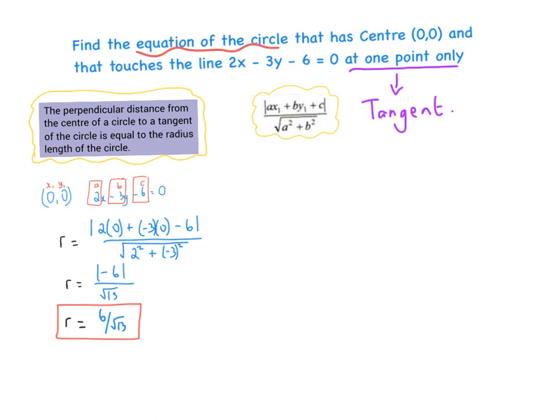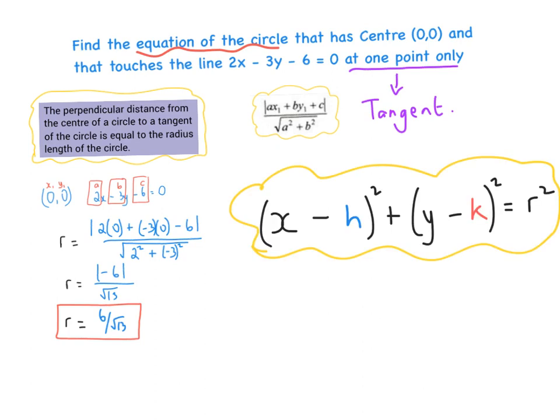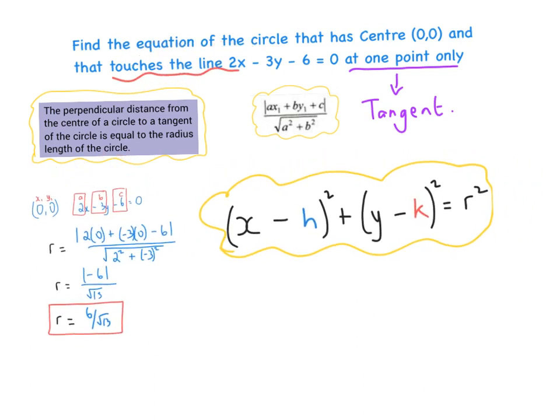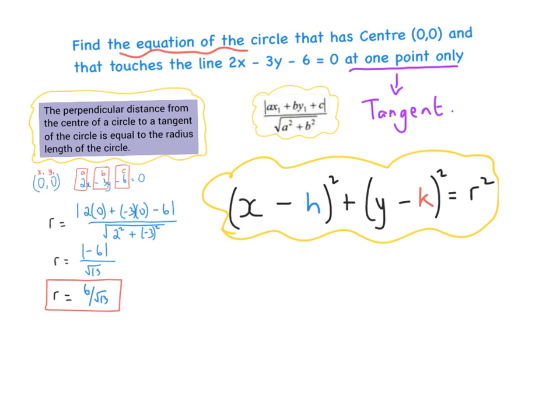So writing down our circle formula. Okay, so here we have our circle formula. So x minus h all to be squared plus y minus k all to be squared is equal to r squared. And so we know here, well, our center is 0, 0. So here we have 0, 0 as our center. So that's h, and this is k.